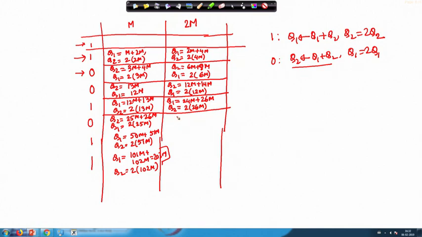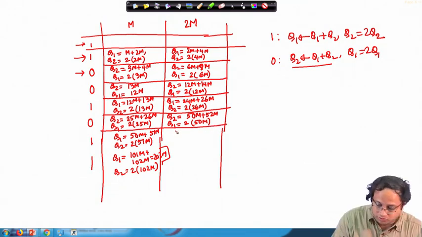So then I get a 0. So Q2 is equal to now 50m plus 52m, and Q1 is equal to 2 into 50m. Okay. So that ends this evolution. And then you have got 1.